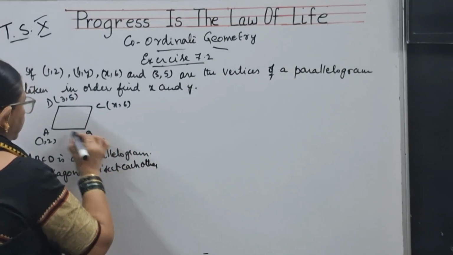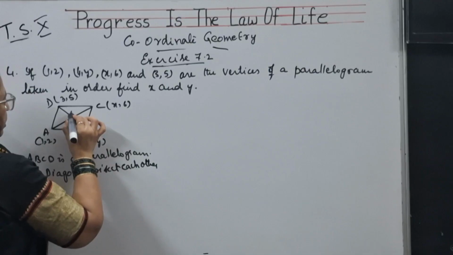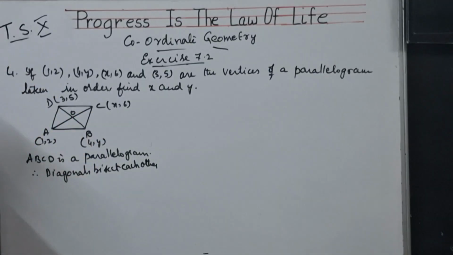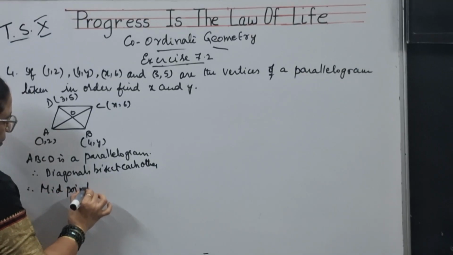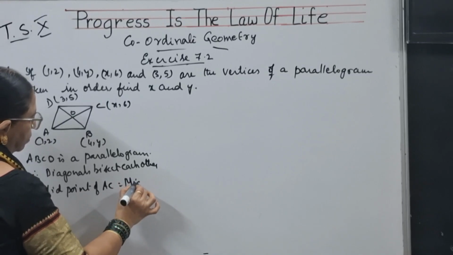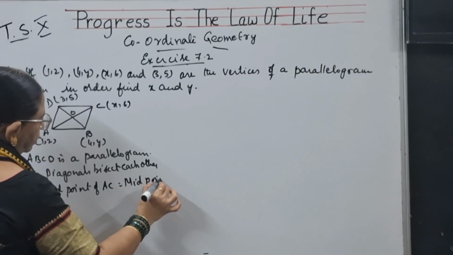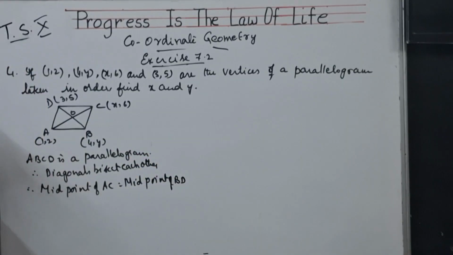That means AC and BD, they bisect each other. O is the point where they bisect. Therefore, midpoint of AC is equal to midpoint of BD. Midpoint of AC is equal to midpoint of BD.